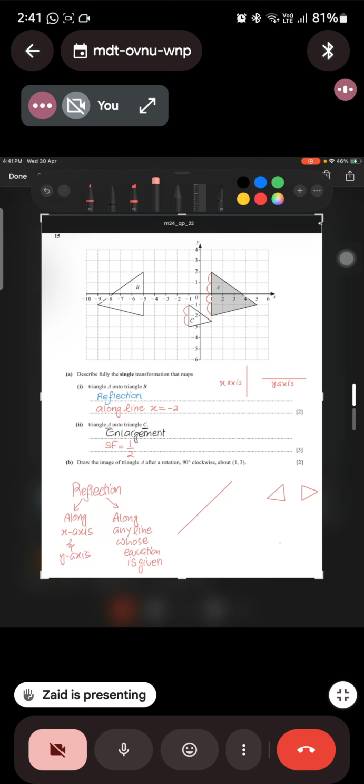Now we need to find the center of enlargement. Okay, for that let's join the points. You can join any 2 points. Okay, even that will work.